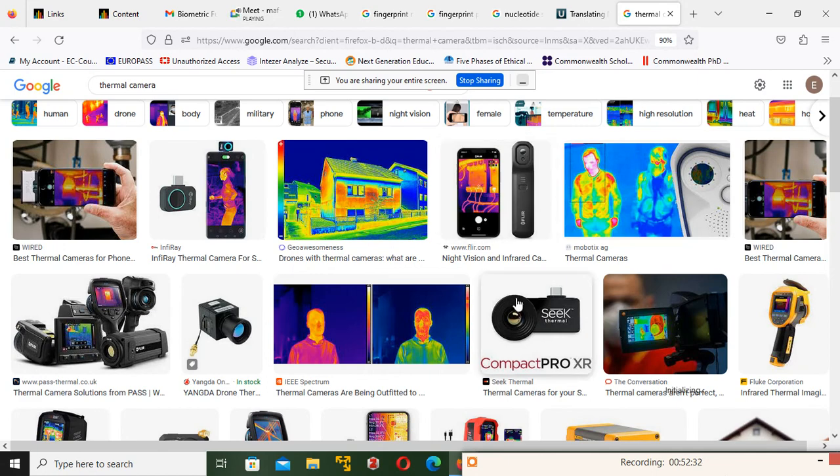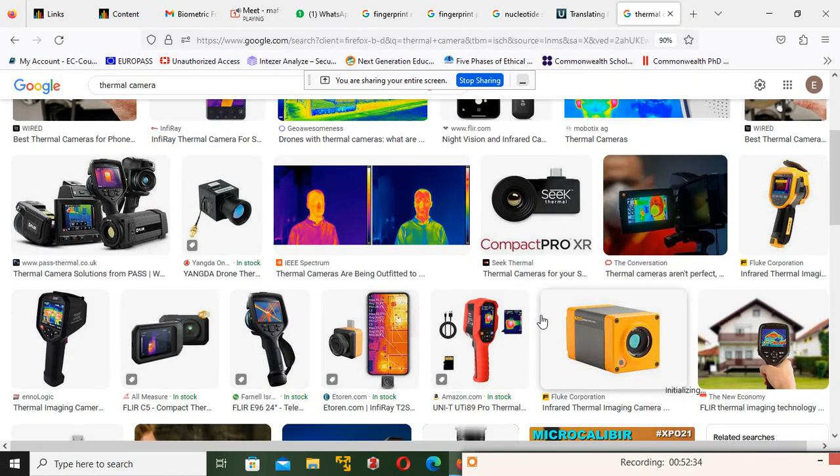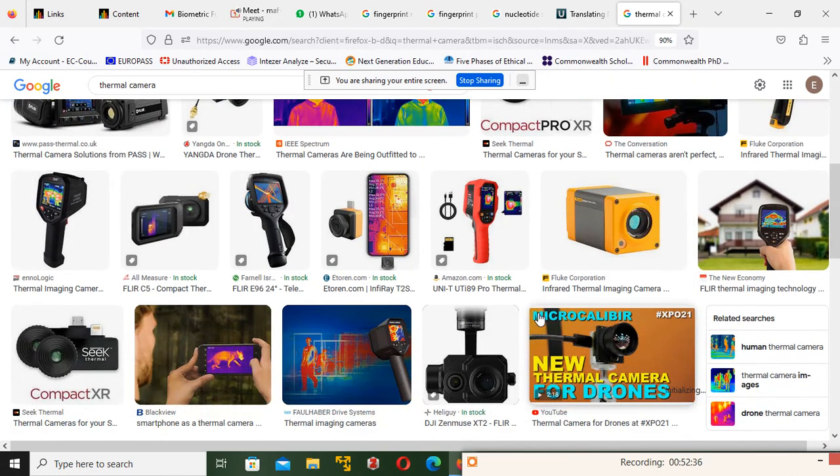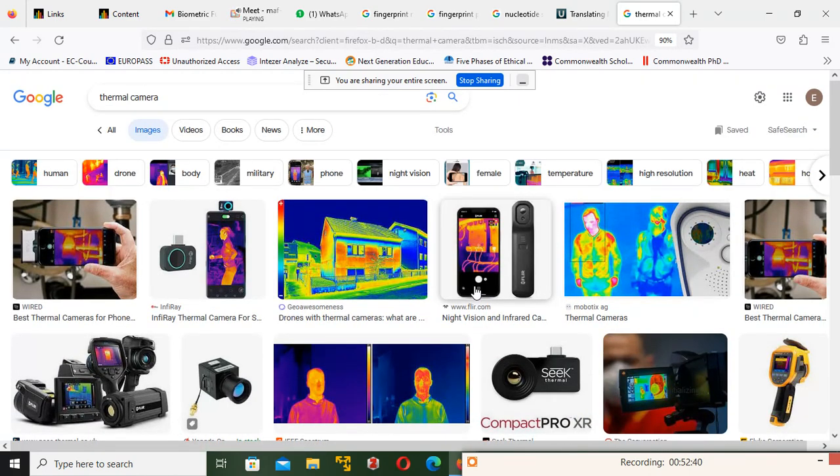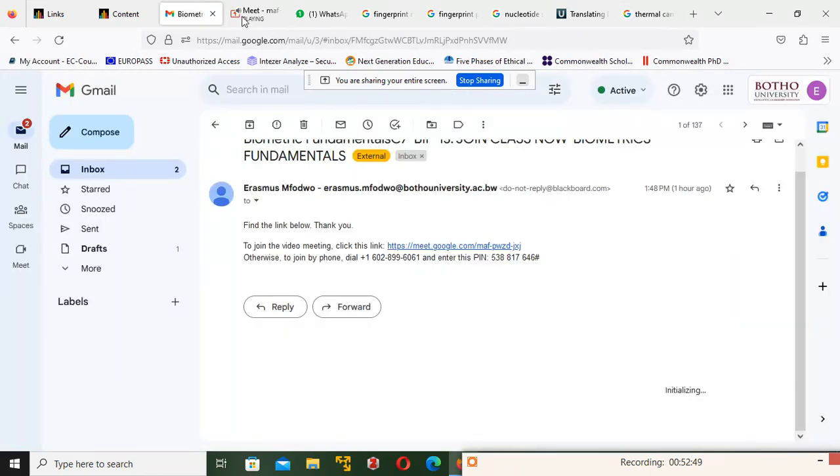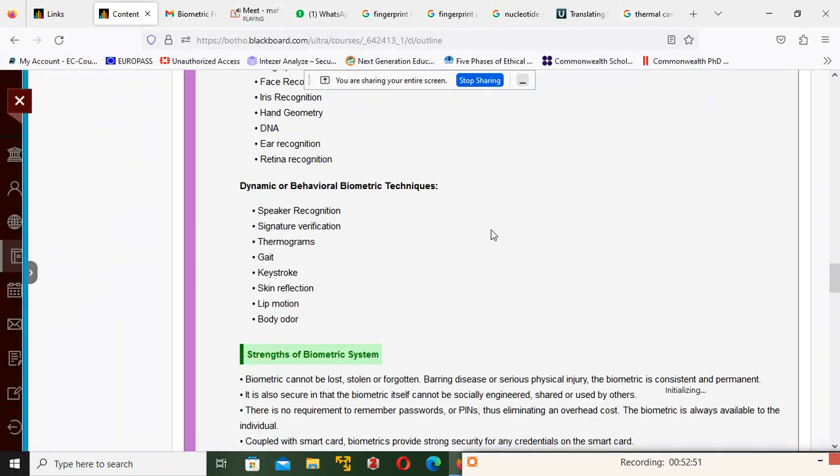These are some of the cameras, I think Compact Pro XR, that are used in taking these thermographs. They are also used a lot in National Geographic when they want to find where animals are.